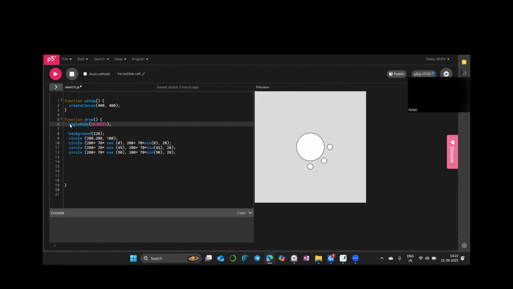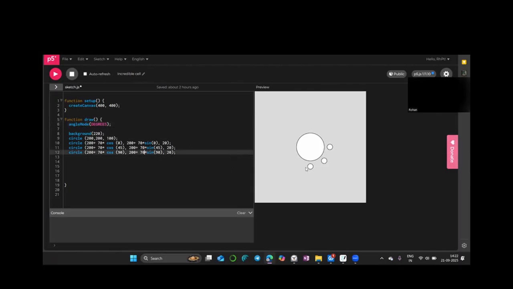So again, if I comment this out and run this program, you can see the placements are not very proper because the angles are not in degrees here. So we have to make sure that the angles are in degrees. And with that, the positioning is proper as you want it.